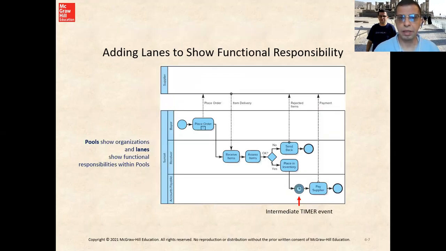If we look at it, the swim lanes show the functional responsibility. We want to see which department is supposed to do what. In Sunset, we have three departments involved: the buyer, the receiver, and the accounts payable or accounting department. The buyer places the order, where it gets shipped to the receiver, which is their inventories or whatever. So the receiver receives the items and assesses whether they match the purchase order and have no damage.